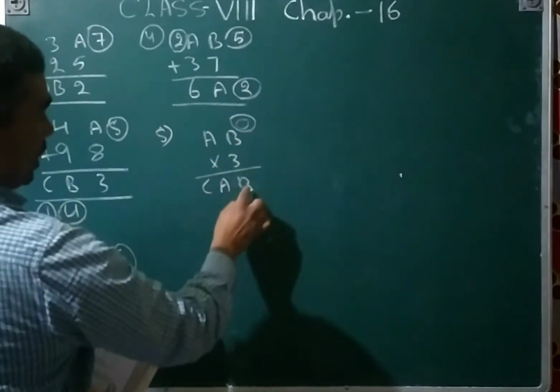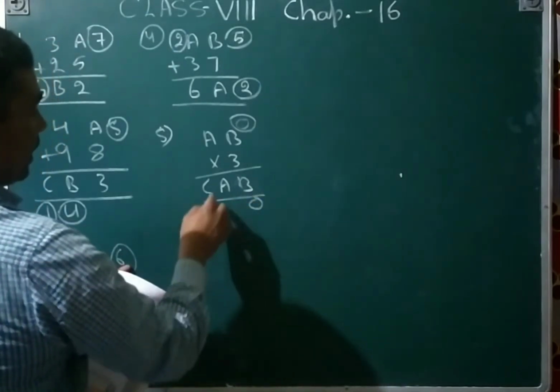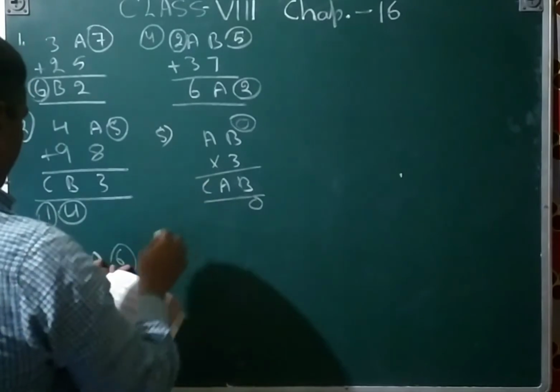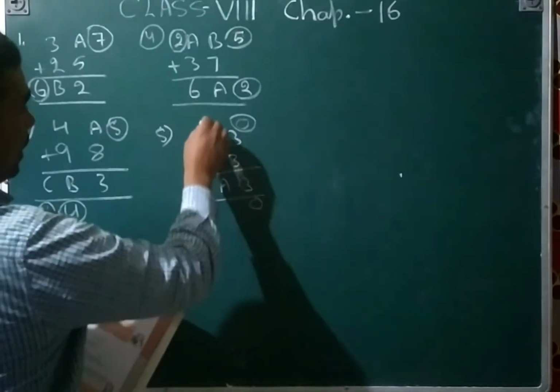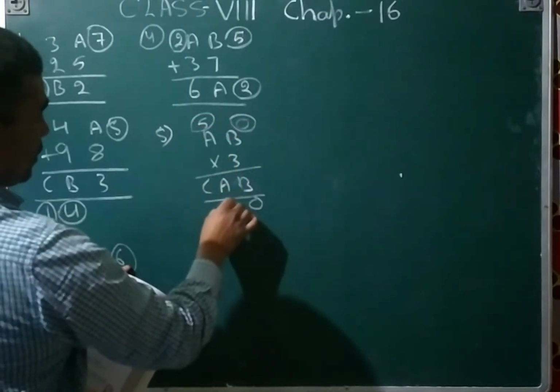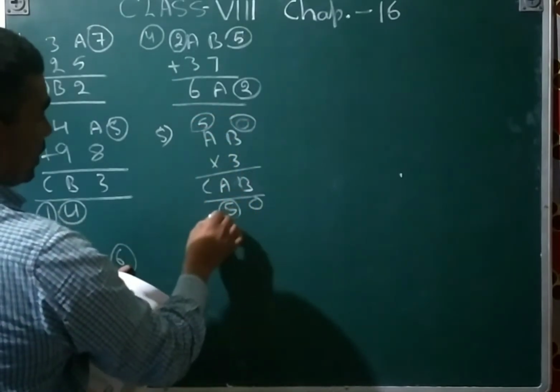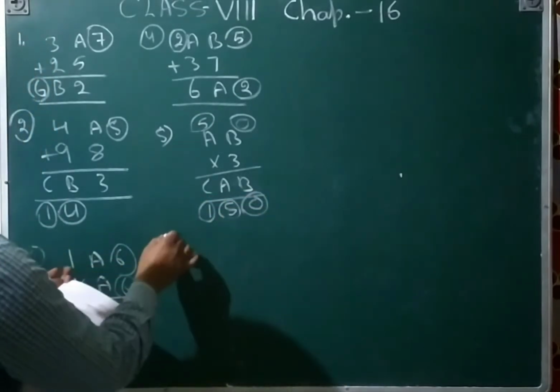So 3 zeros are 0. So that value will be 0, and then here we will place 5. 3 fives are 15. So 5 has come. That is the same, and 1. This will be the answer.